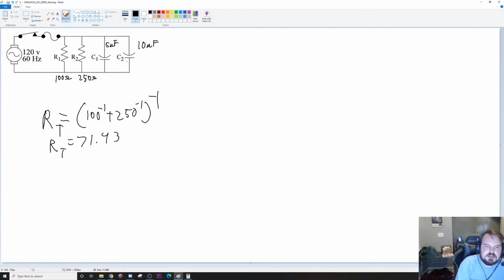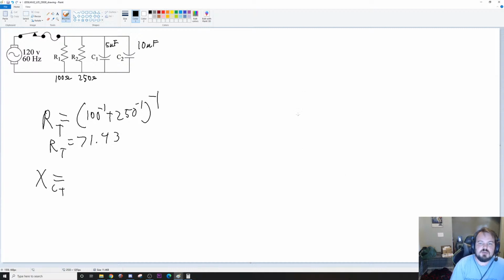And then now we need to find X of C total. There's 2 different ways we could go about this. I'm going to show you what I consider to be the easier way. You have to remember less steps.